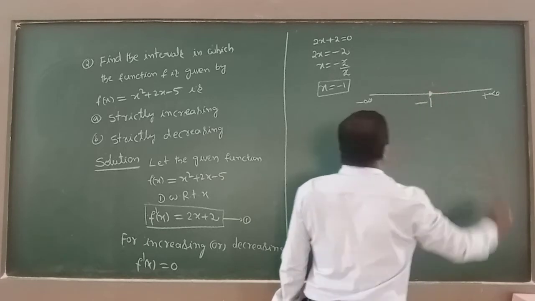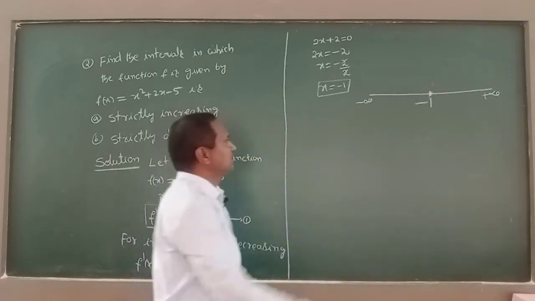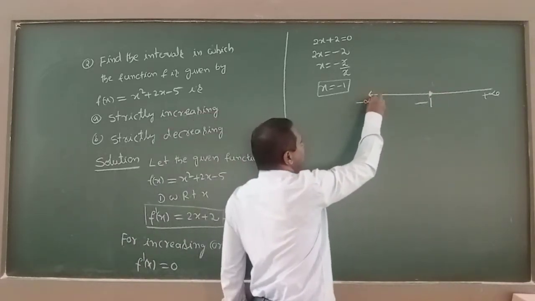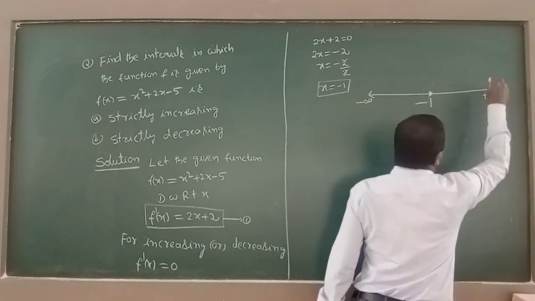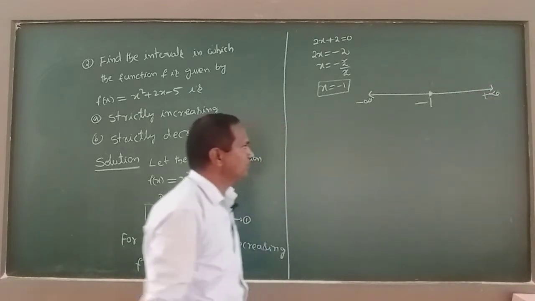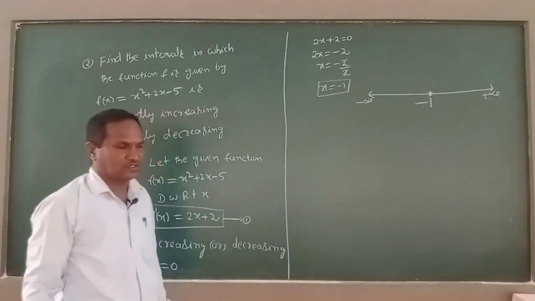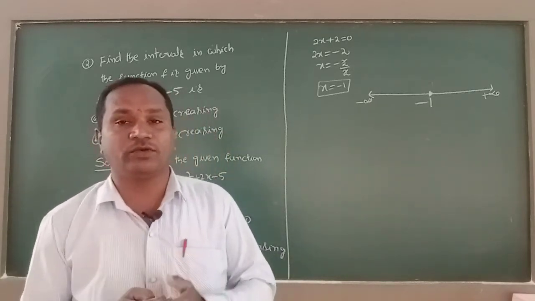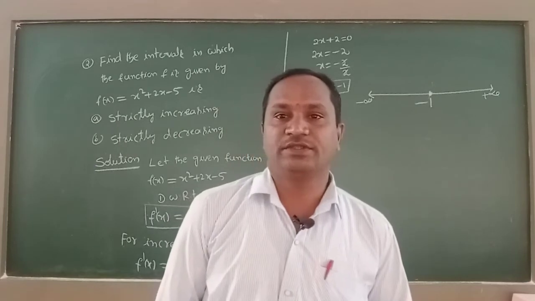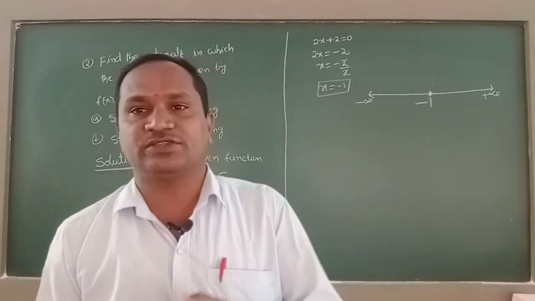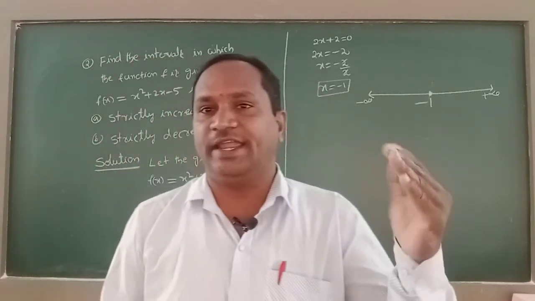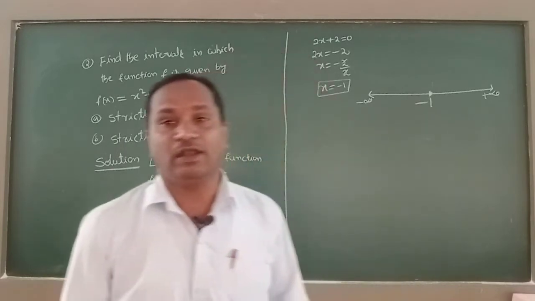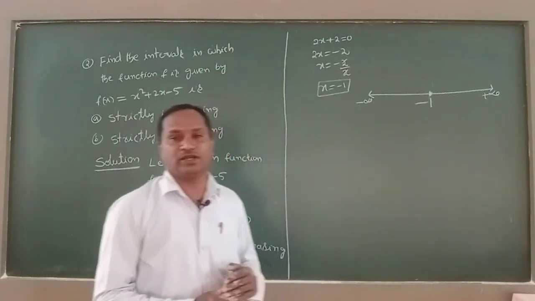Like that we are getting two intervals, minus infinity comma minus 1 and minus 1 comma plus infinity. Now we are going to draw the table. In that table we are going to represent which is strictly increasing and which is strictly decreasing corresponding to their intervals. Now let us give the table for those functions.